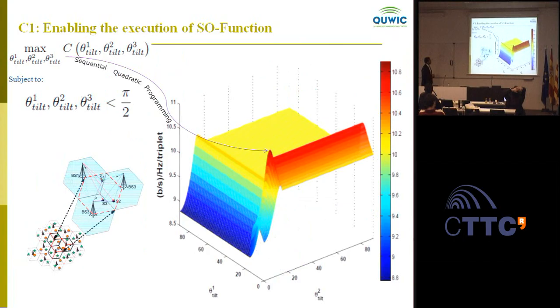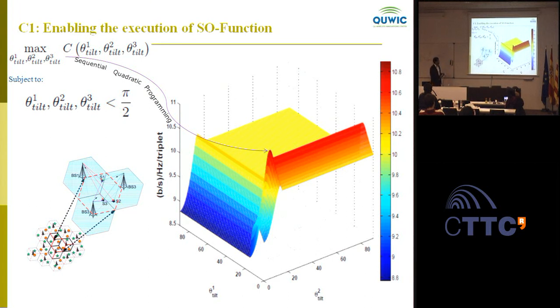invoke some classical non-convex optimization tools. Particularly, as we all know, if we have a very small-scale problem like just 3 optimization parameters, you can use sequential quadratic programming. But what is interesting here is there is an optimal point which gives you a substantial gain in terms of spectral efficiency, which can be as high as 1.5 bits compared to roughly or arbitrary cell tilts.